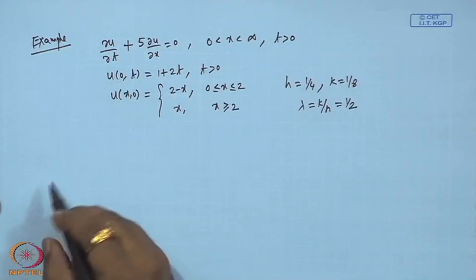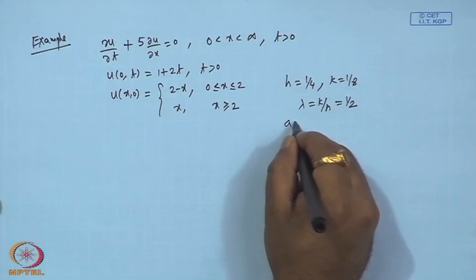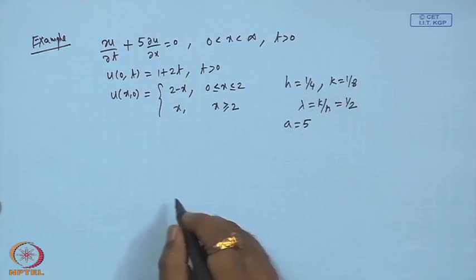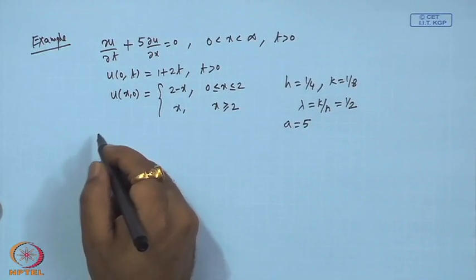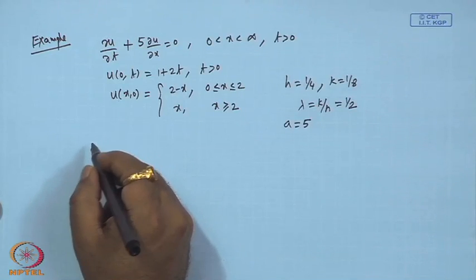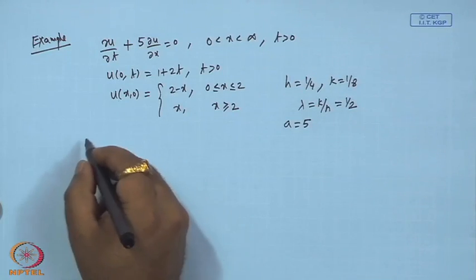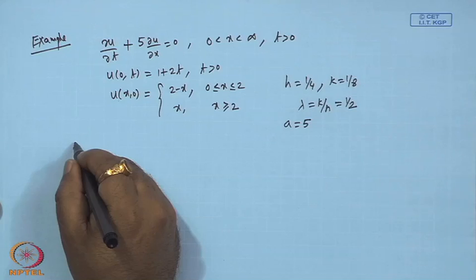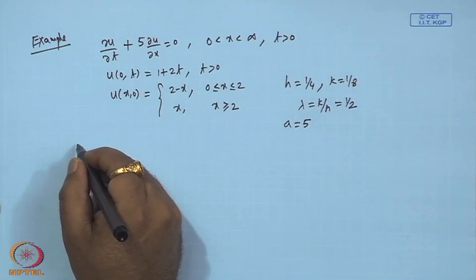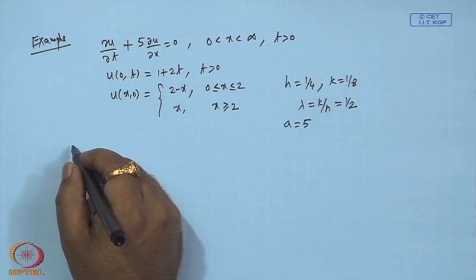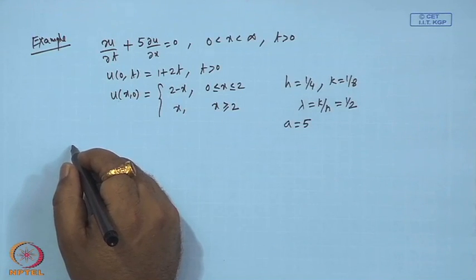So, comparing with the standard form, we have A equals to 5. Now, we require a couple of quantities. So, the quantities we require are A plus lambda, A minus lambda, etcetera. Okay.